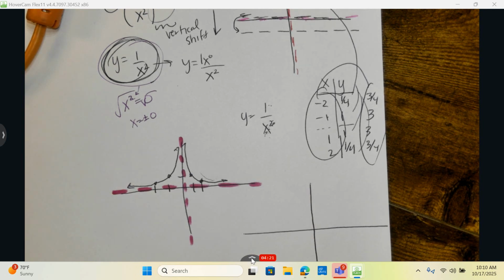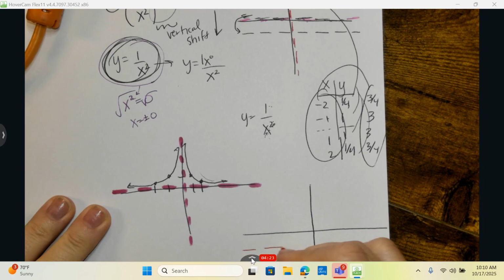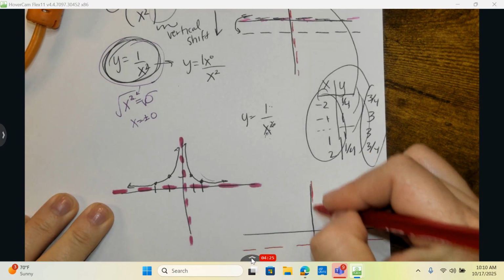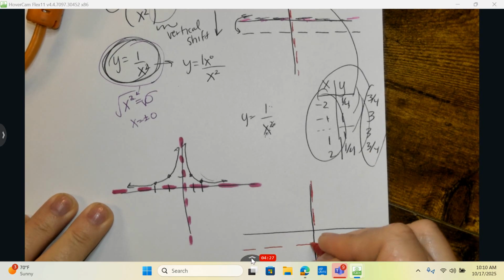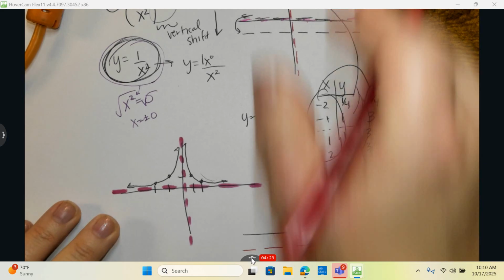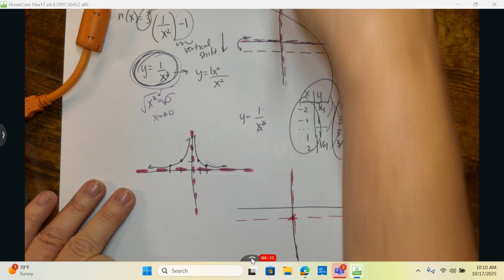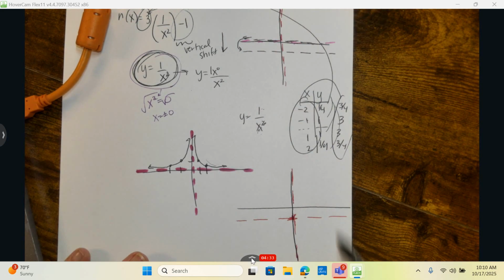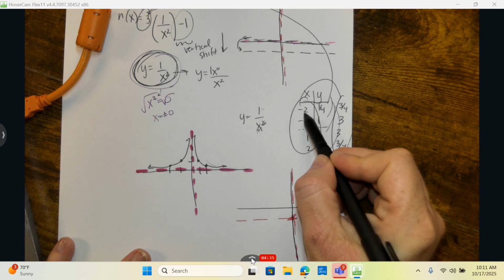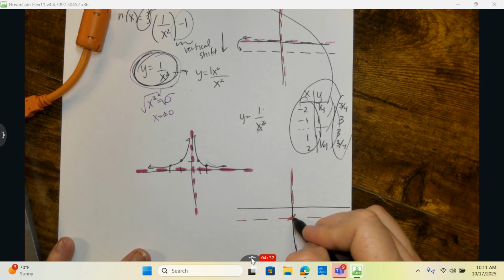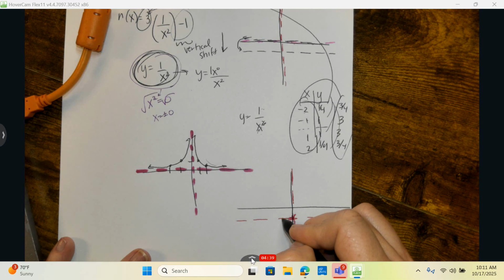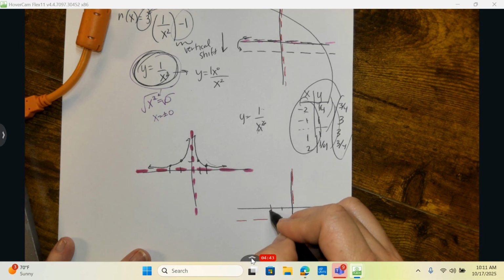Okay, so I'm going to shift down 1, and our vertical asymptote remains the same. Think of this as our new origin. I'm going to go over to the left 2 and up 3/4. Left 2, 1, 2, and up 3/4.